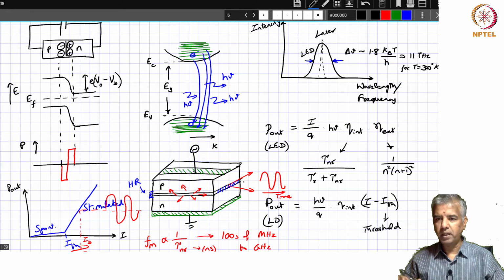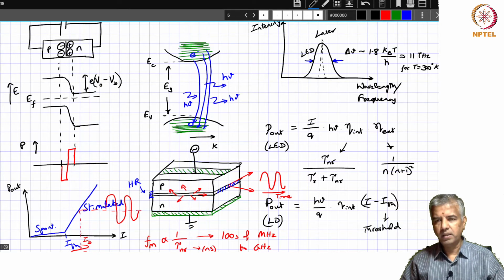Of course, I did make a small mistake here. This is actually not n square, rather this should be just n by itself. I had made a mistake in the last lecture.